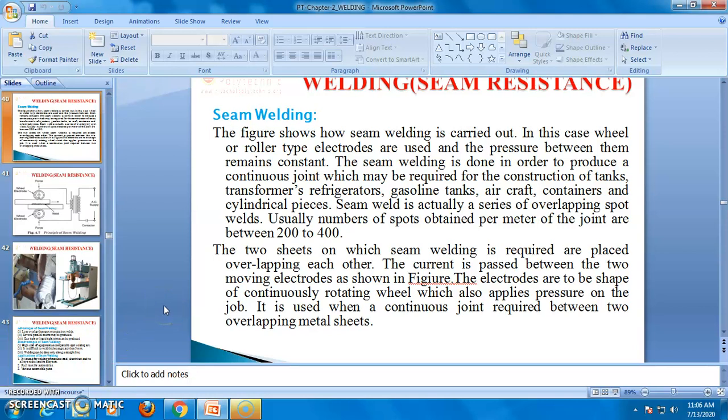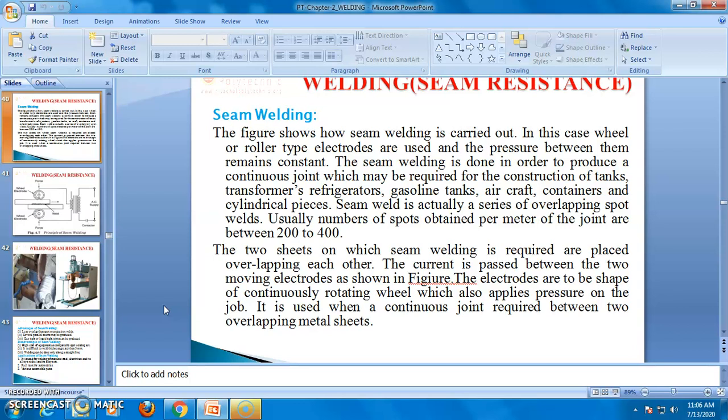As per the definition, seam welding is a method of making a continuous joint between two overlapping pieces of sheet metal. In other words, it is a method of producing a number of spot welds in a continuous manner.